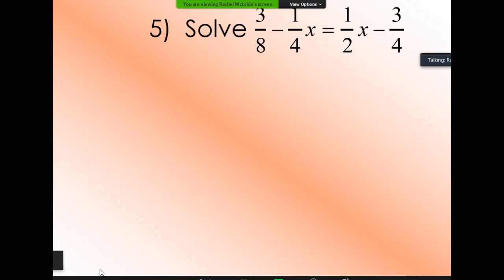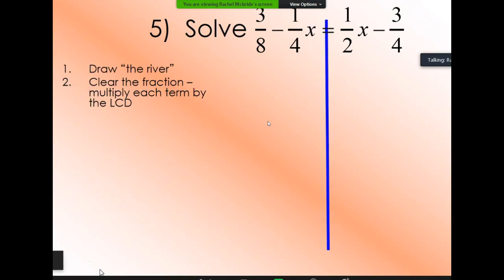Addison, what do you think? I multiply everything by 8. Perfect. We're going to multiply everything by 8 because that is the largest multiple of the denominator that can help me clear out those fractions. So that's called the LCD. So multiply everything by 8, guys. Multiply everything by 8.